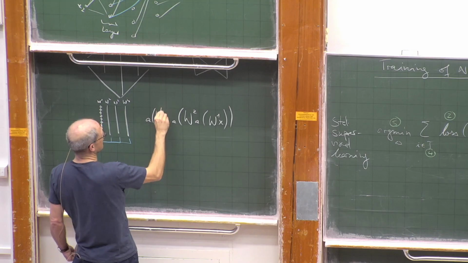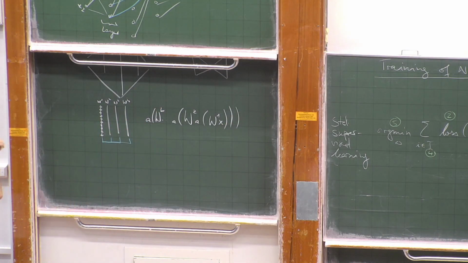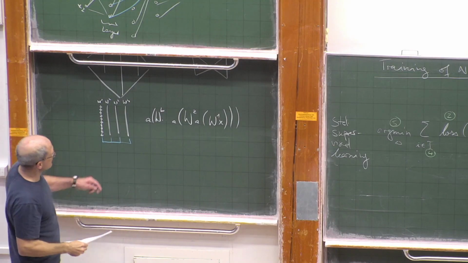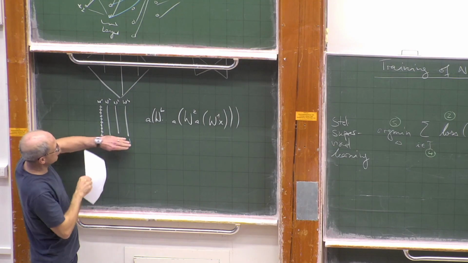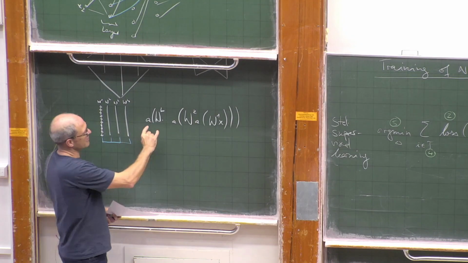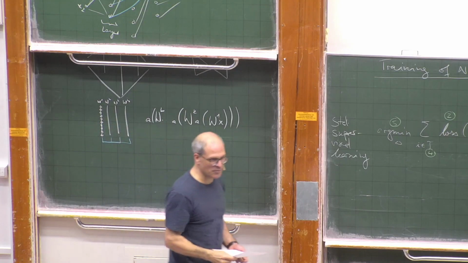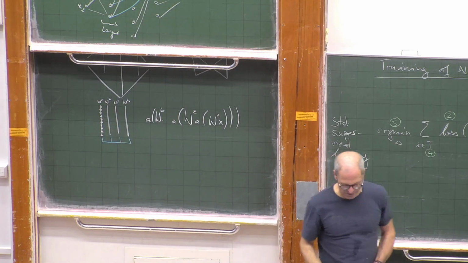Yeah? So if we have L layers, this is what it would look like. So without the skip links, that would be a very simple description of a multi-layer perceptron here. In this case, if the matrix is the same dimensions, that would be the same width in all layers.